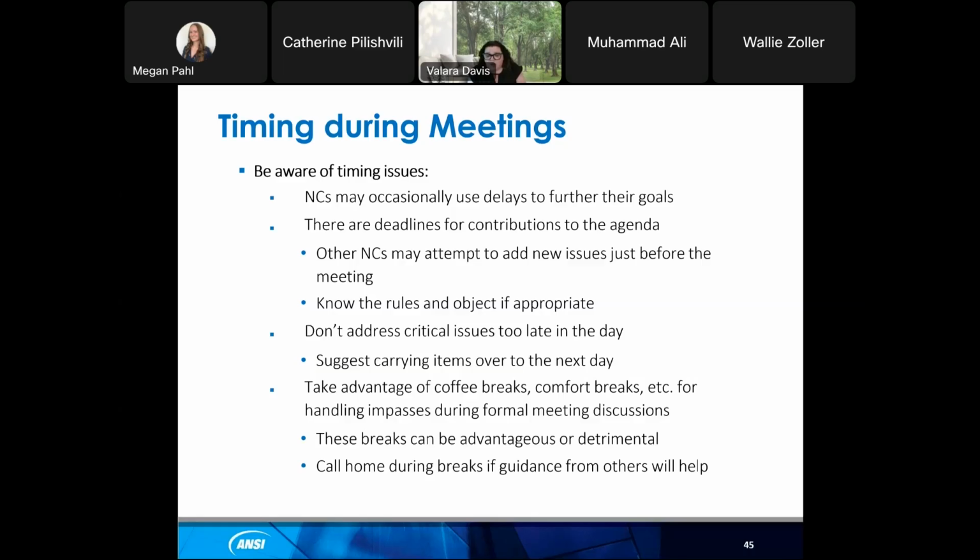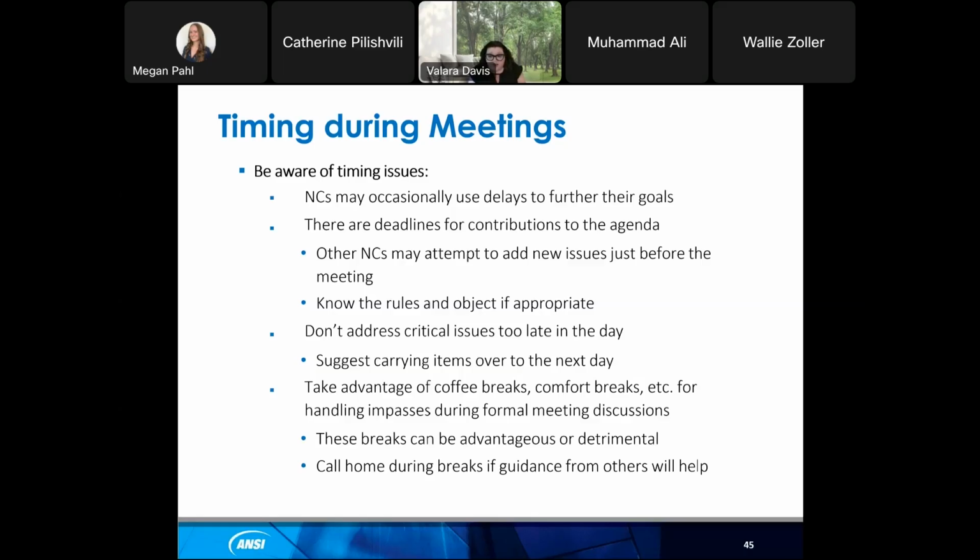Even for a working group meeting, if you feel that a new item has been added at the last minute, make sure that you object to anything that might be late where you wouldn't have the opportunity to review it in a timely manner to address any concerns that you may have. Especially in a plenary, those things should not happen, so make sure that you're addressing them expediently as necessary. And take advantage of those coffee breaks, those lunch breaks, any breaks that you have.